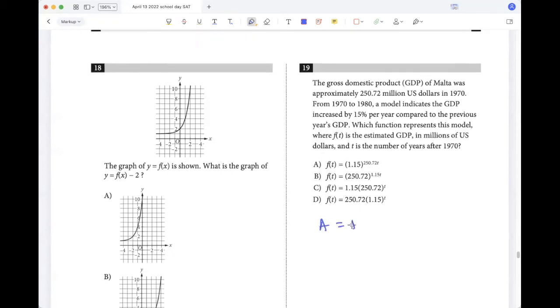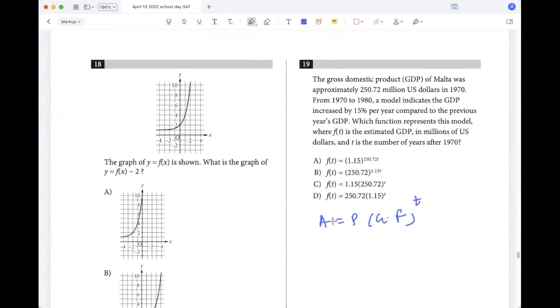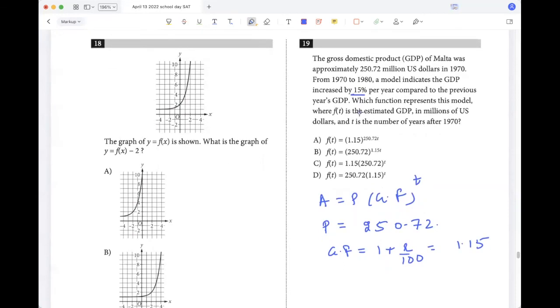So A is P times growth factor to the power t. P is the initial amount, which is 250.72. Growth factor is 1 plus r over 100, which is 1.15, since it increases by 15% per year. So this will be 250.72 into 1.15 to the power t, option D.